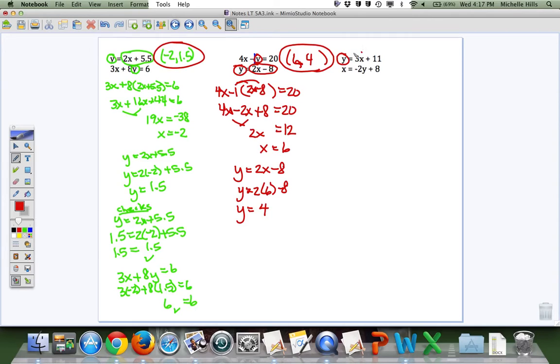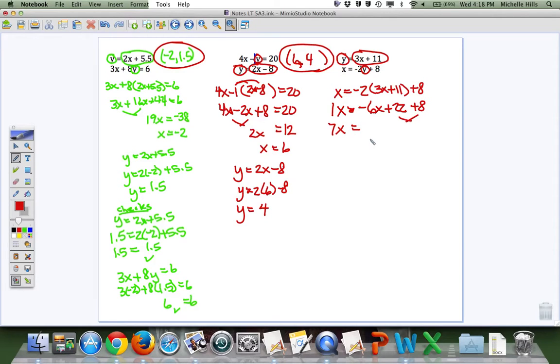Y by itself has a value of 3x plus 11. So where I see y in this equation, I'm going to substitute 3x plus 11. So that equals negative 2 times 3x plus 11 plus 8, which means x equals, doing some distributive property, negative 6x plus 22, bring down my plus 8. Remember, this is a 1x. So when I add 6x to eliminate this x term on the right, and then I add 6x over here, it's going to become a 7x.